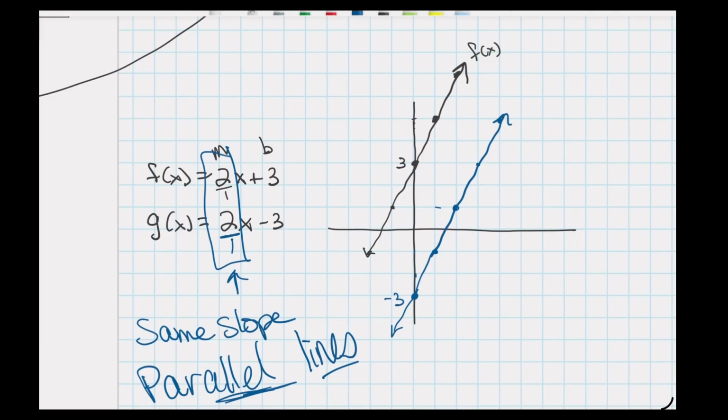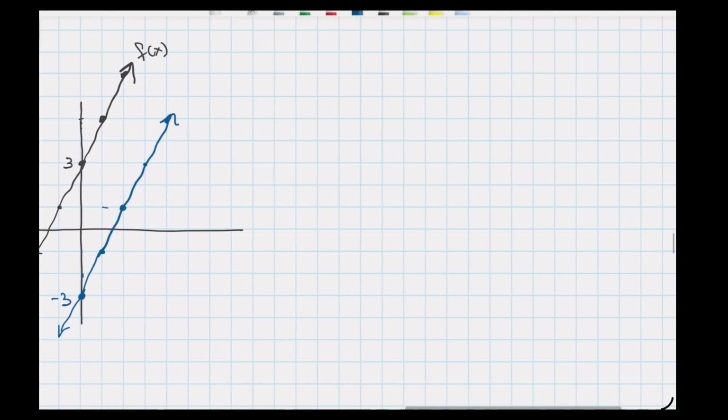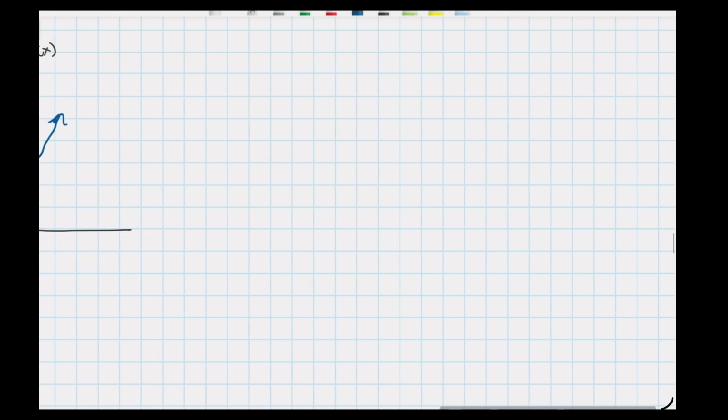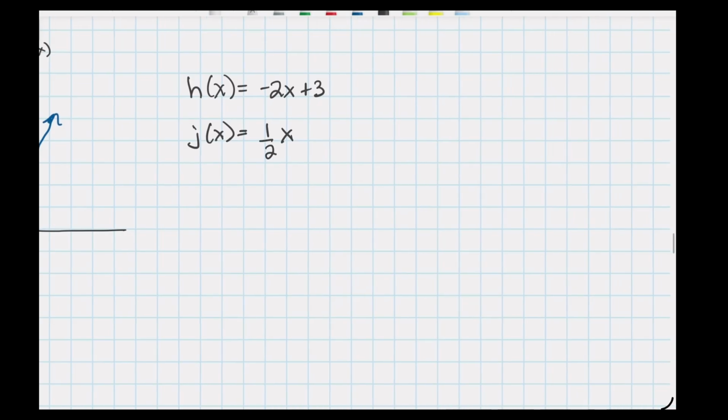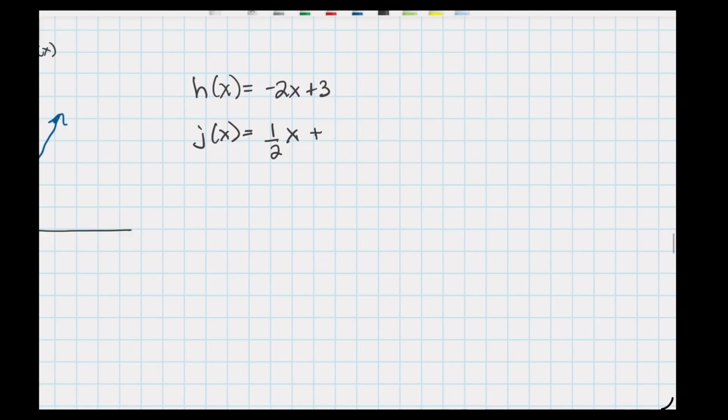The next set of functions that we're going to graph are h of x equals negative 2x plus 3 and j of x, which is 1/2 x plus 3.